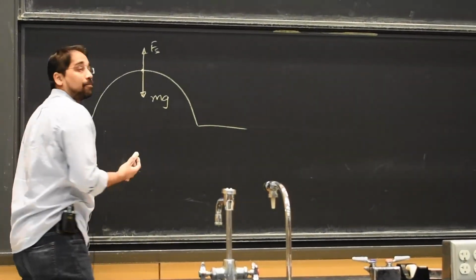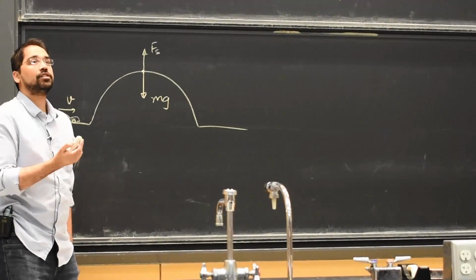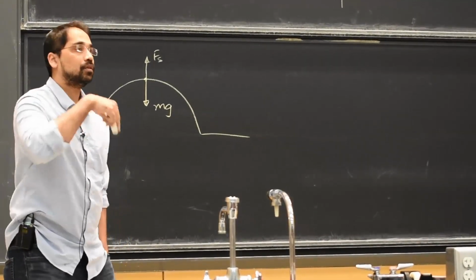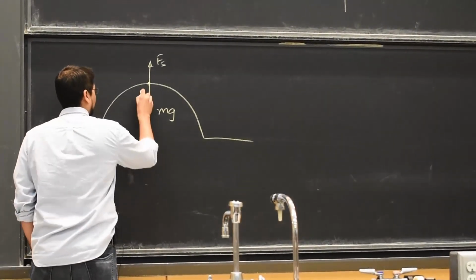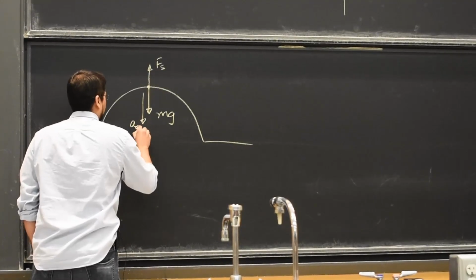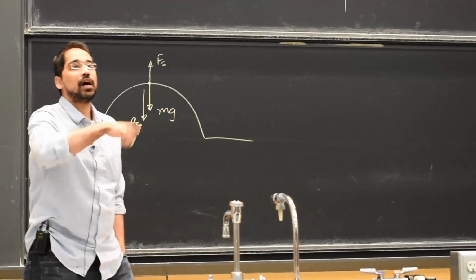How would the centripetal acceleration look now? Downwards, towards the center of the circle that this arc is part of.